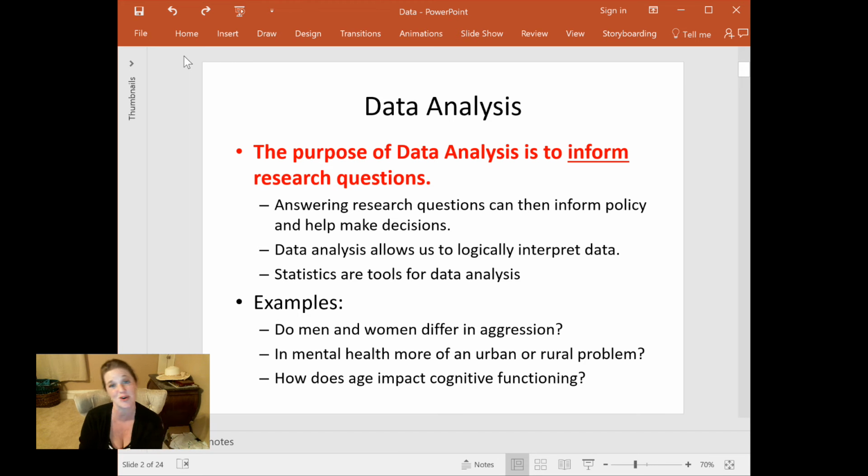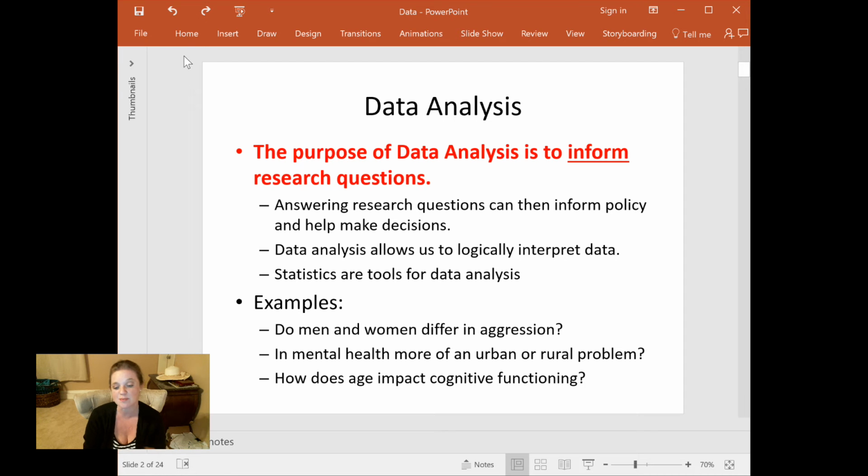So I guess we're not interested in people who are intersexed or who don't feel like they fit cleanly into either of those categories, but I digress. That is an example of a research question. Do men and women differ in terms of aggression? And when you gather information from men and women about their aggression, you're going to gather information about their gender, data, and you're going to gather information about their aggression, data.